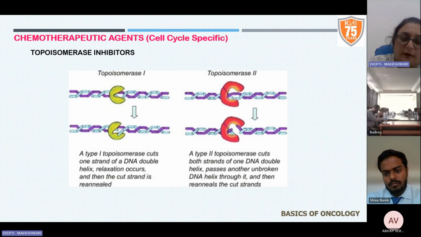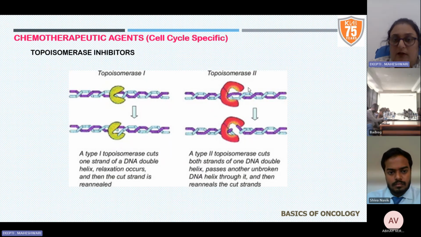So again, it will join the two cuts which it had made in the initial part, and you can see the two DNAs will be formed, which will be helically shaped in nature. So you have topoisomerase 1, which causes one cut in the DNA strand, and topoisomerase 2, as the name suggests, will create two cuts in the DNA strand. So double cut in the DNA strands.